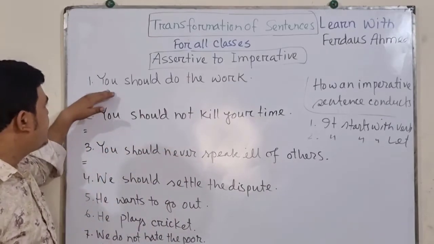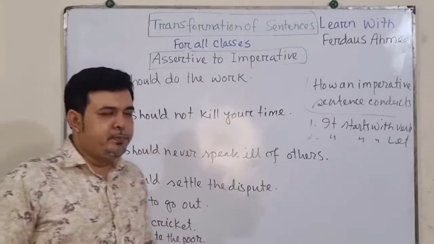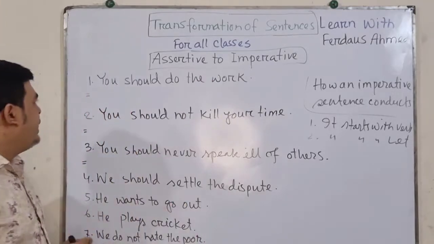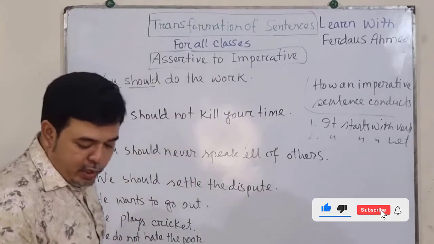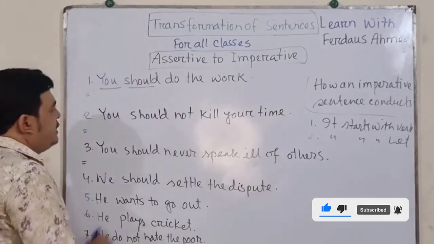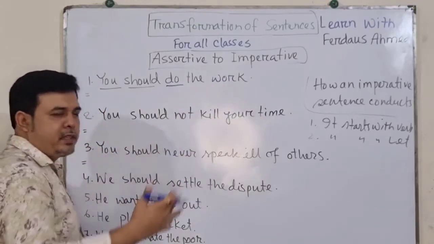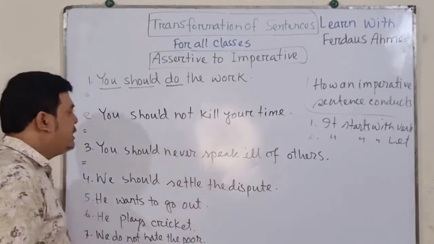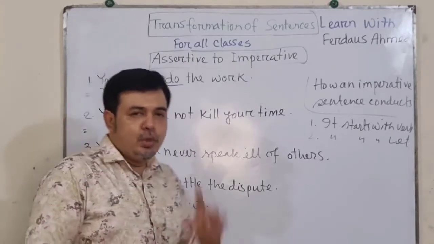That is an assertive sentence. You should do the work. There is a subject, there is a modal, and after that there is the main verb, and the rest is the object or extension. So what should we do? Just remember two things.